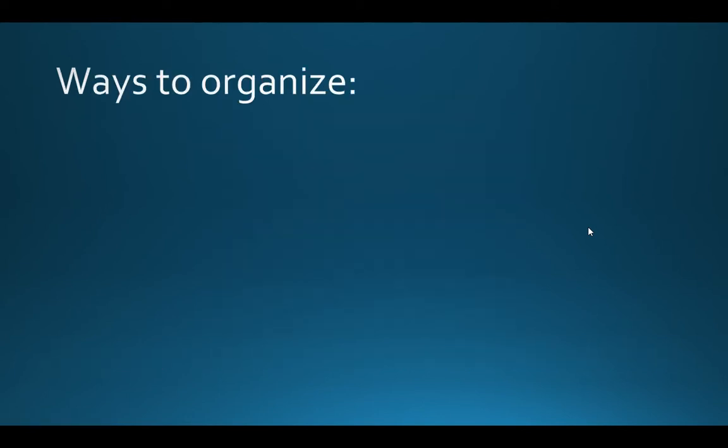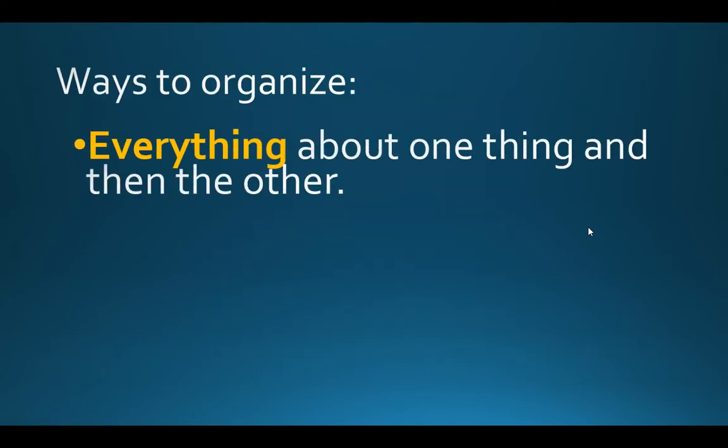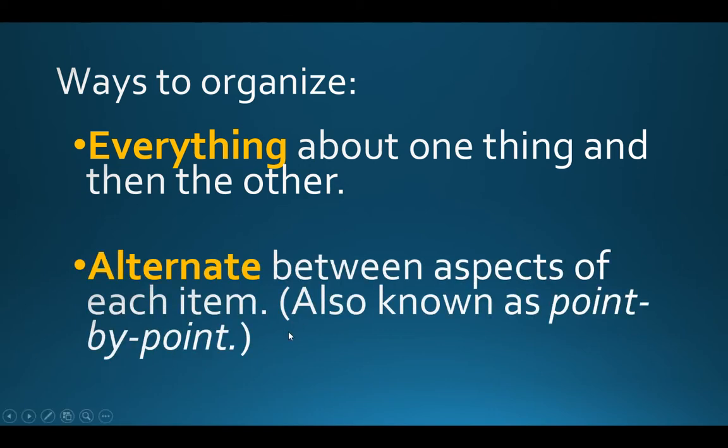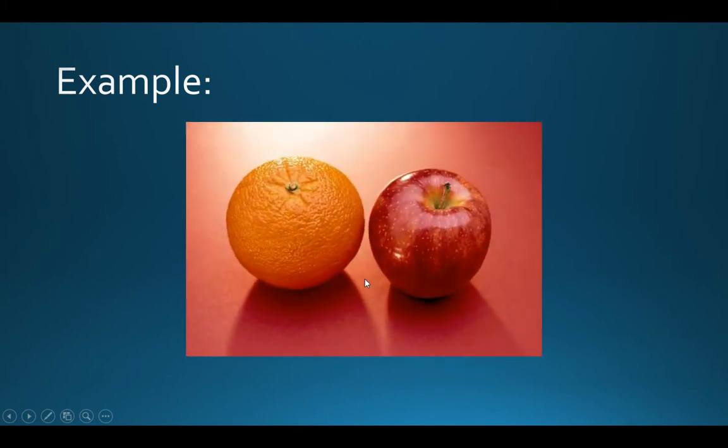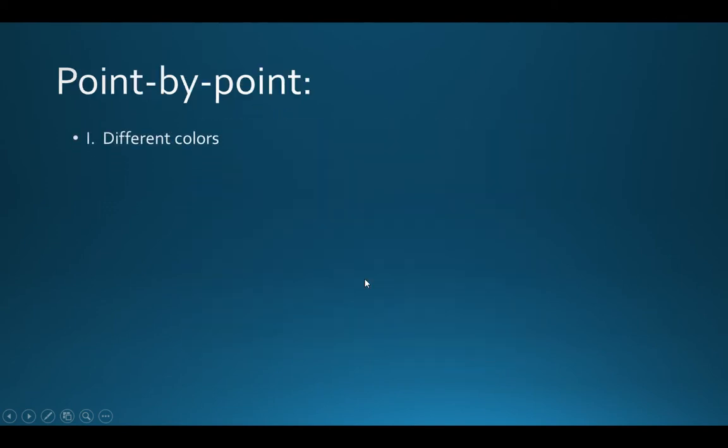For example, a way to organize is you can do everything about one thing and then the other, or you can alternate. So this would be an example. Let's say you're going to compare apples and oranges. You talk all about the oranges and then the apples, whereas here you would alternate point by point. If we look at apples and oranges, the point by point is, let's say we want to look at the different colors. We'll talk about what color the apple comes in and what the orange color is.